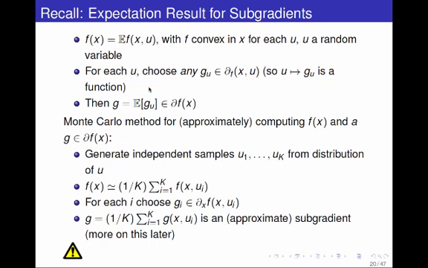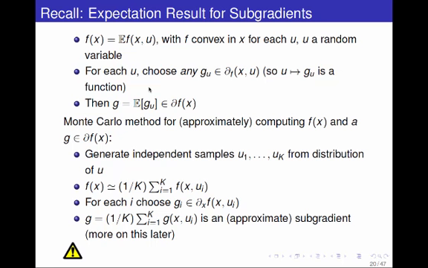This is the result that was stated in Boyd. If g_u is a subgradient of f at a certain point x for a sample u, then if I take the average of that, that's a subgradient of f of x. Now, this idea builds the basis for approximating the subgradient of a function. How would you do a Monte Carlo approximation of f of x for a given x?